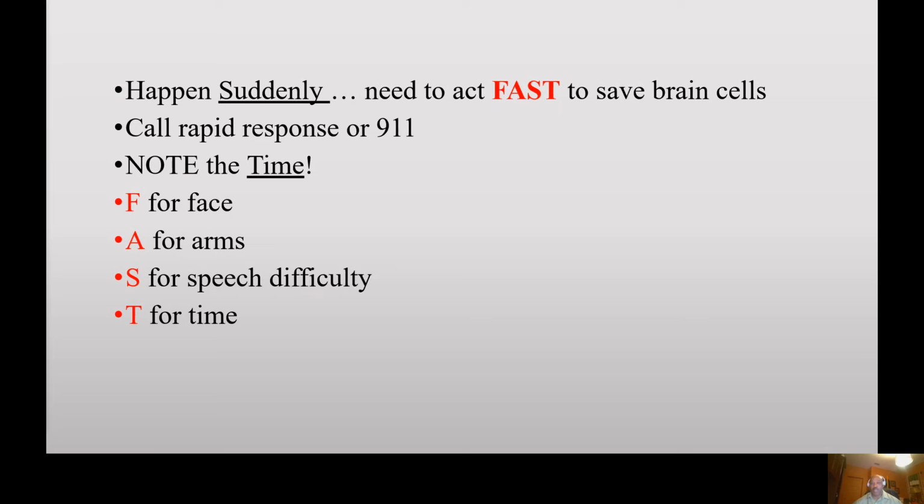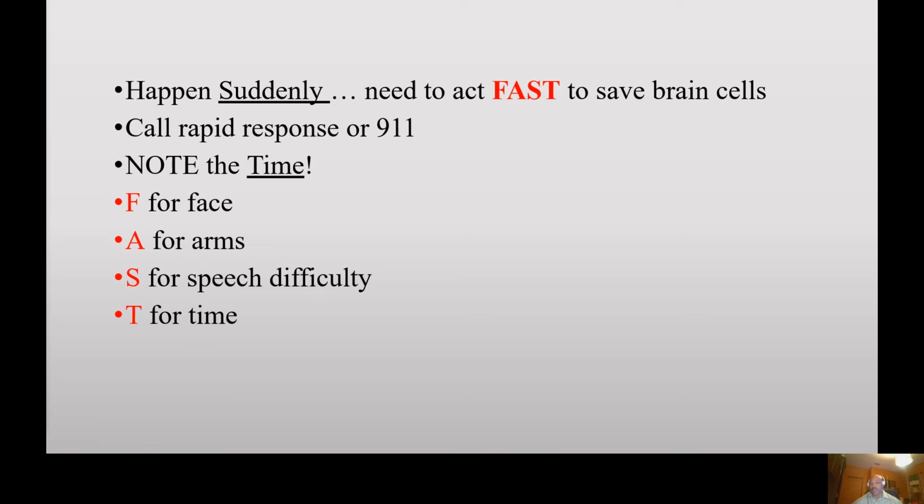Another acronym we look at is called FAST. All right. And also take a look at table 57.1. It speaks to what we're getting ready to discuss as well. This is very important because patient and caregiver teaching, as far as the acronym FAST is concerned, is kind of an early warning sign, if you will, for stroke, and they must be taught this so that they can do what needs to be done quickly.